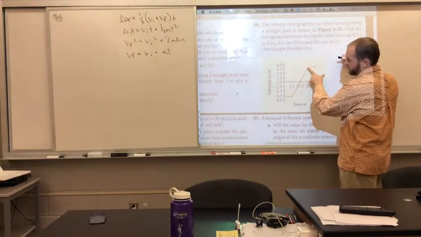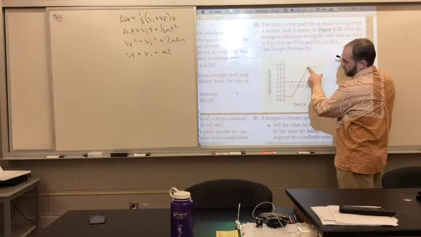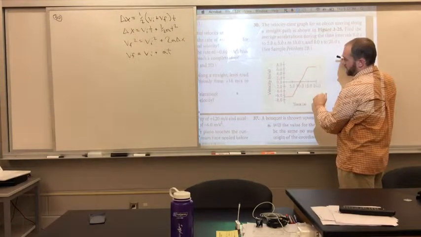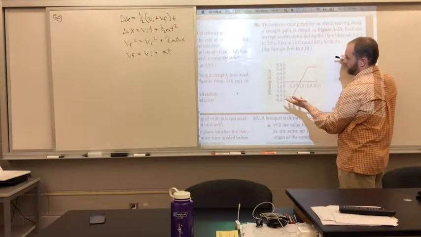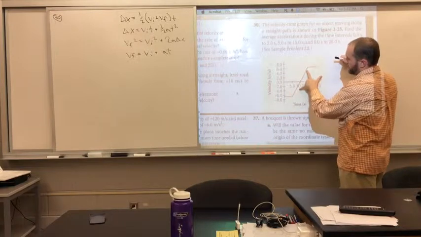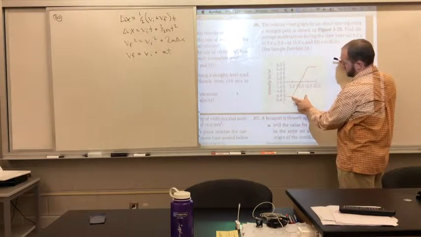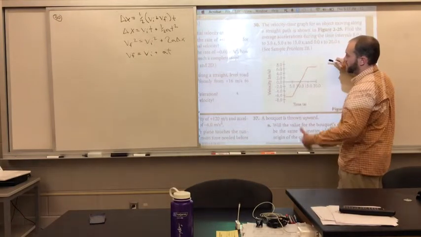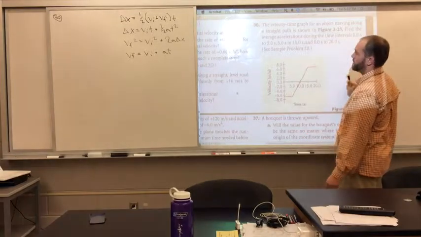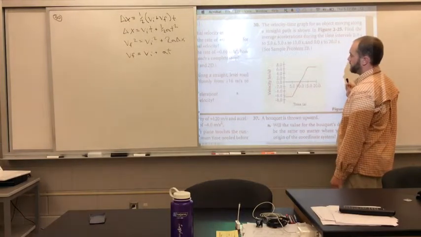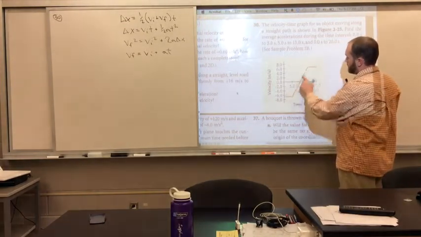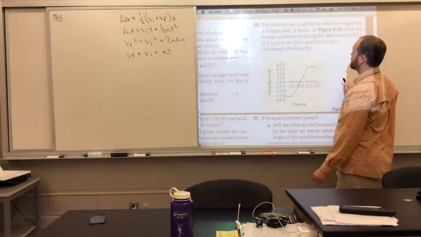So 6 minus a negative 7 is going to give you, what, 13? So change by 13 in how many seconds? 10 seconds. So 13 divided by 10 would be 1.3 meters per second squared. So your average acceleration for this part is 1.3 meters per second squared.